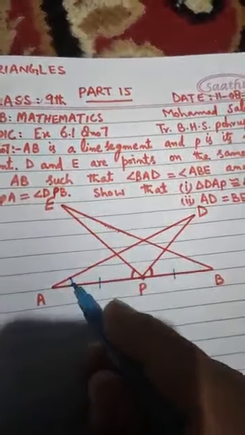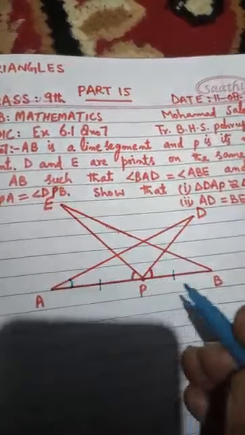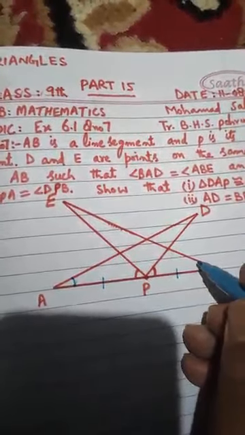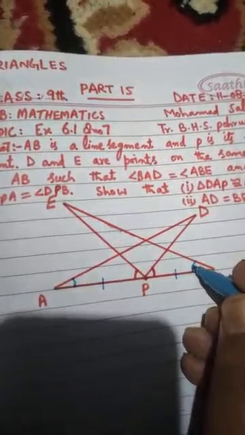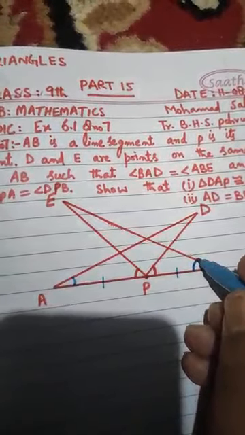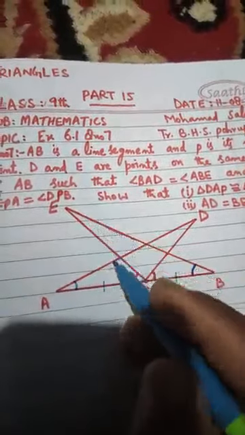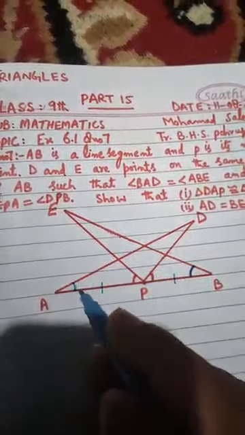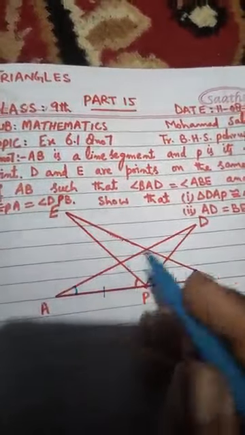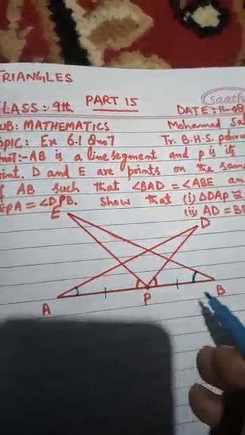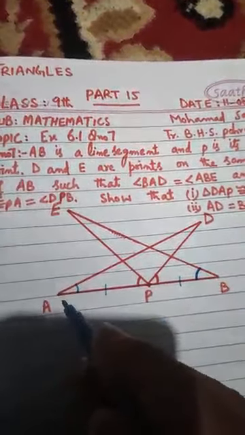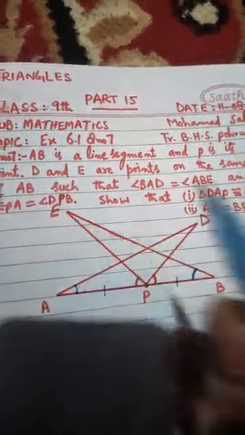That means this angle, angle DAB, is equal to this angle, and the name of this angle is angle ABE. So we have here two angles that are equal: angle DAB equal to angle ABE.